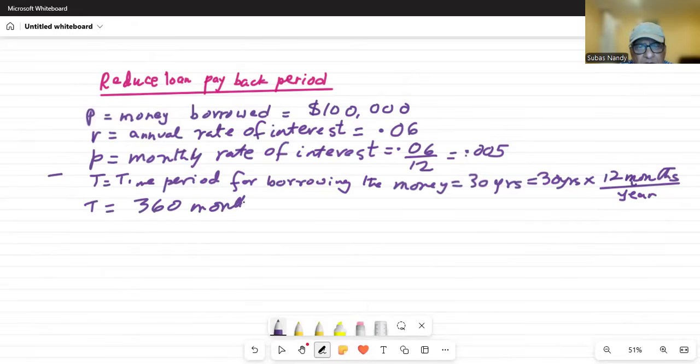Why am I converting it to months? That is a good question, because my interest rate is 0.005 per month.